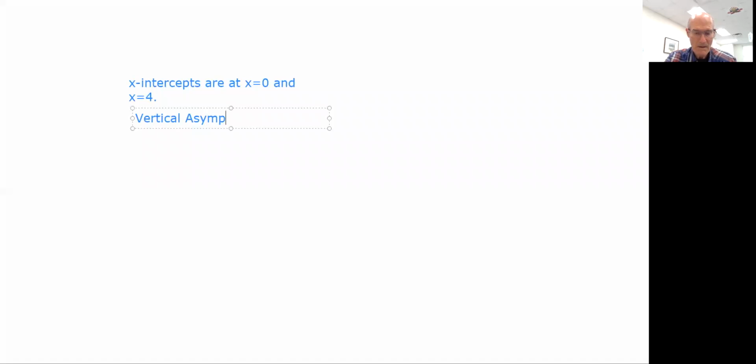Okay, so what we will look at is, if we are given some information here, we say the x-intercepts are at x equals 0 and x equals 4. And then we will say the vertical asymptotes are at x equals 1 and x equals 6.